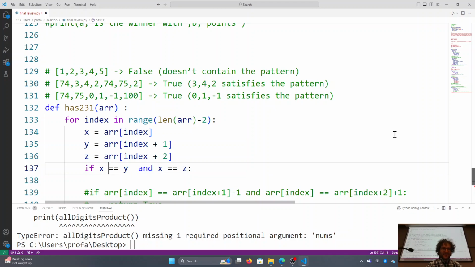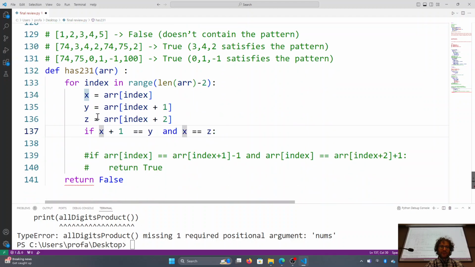So x is array of index. So this says here, and then we want to check if the 1 over here is 1 more than our value. Okay? So if x plus 1 is equal to y, right?